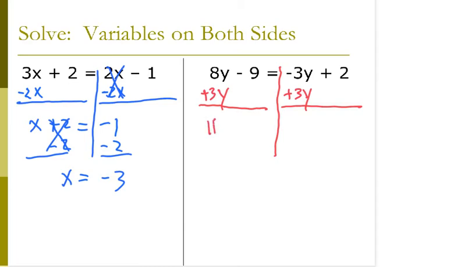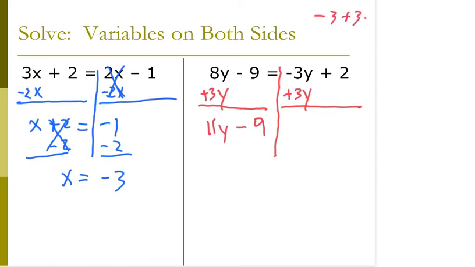We bring down our subtract 9, and on the right side, what we have here, negative 3y plus 3y, is like saying, what if we had negative 3 plus 3? Well, this would give us 0.